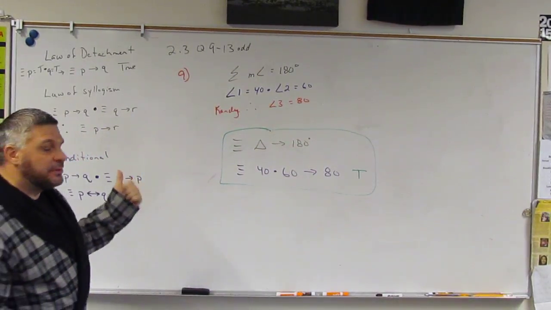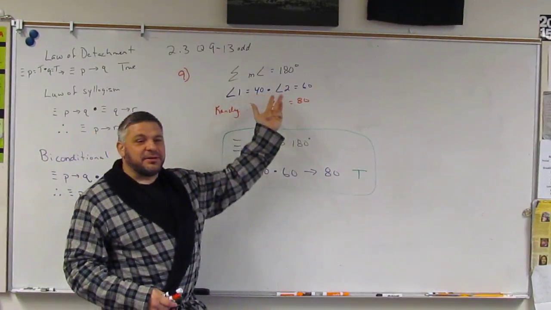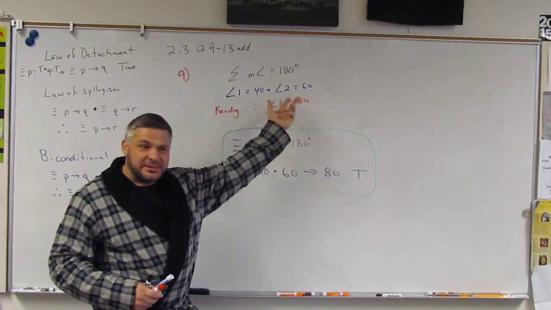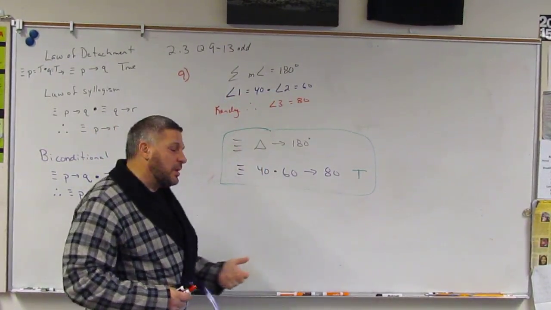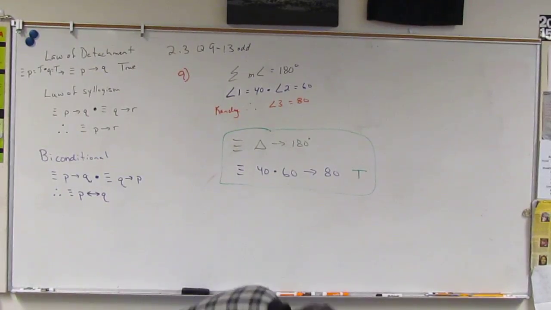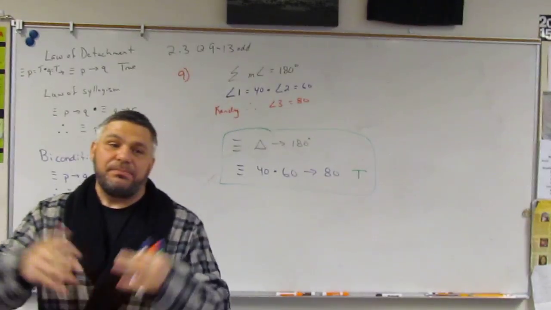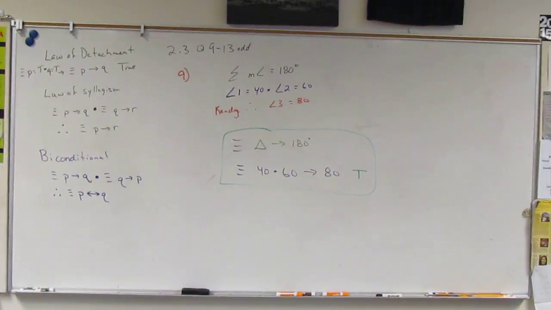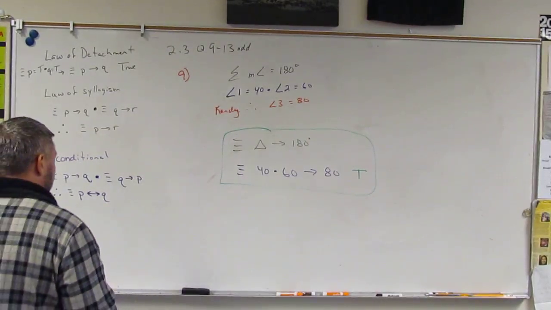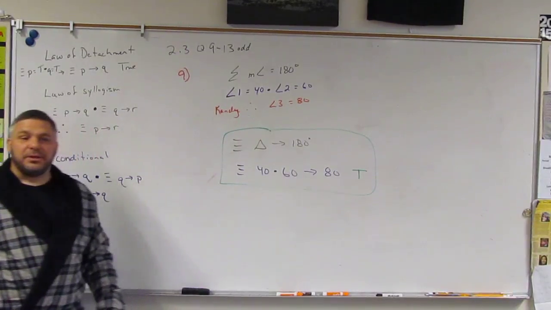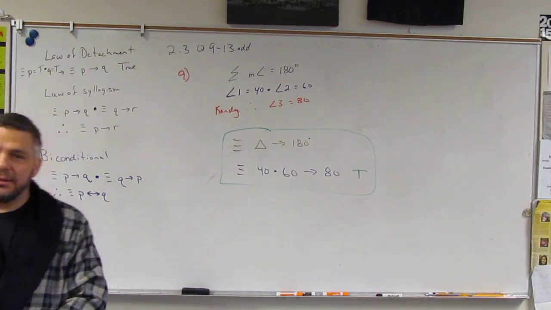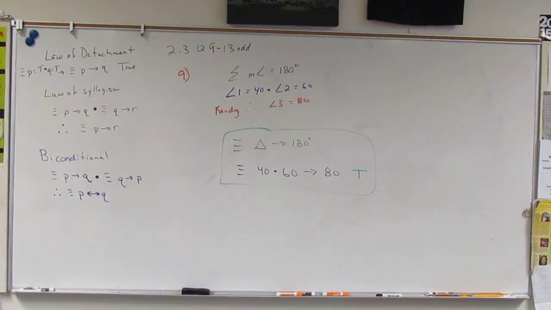Yes, right? And obviously we have to take their word for it that the angles are 60 and 40, right? And if the angles were 60 and 40, then the other angle would have to be 80 to make it 180, right? So then that makes it all true. And that's what we're doing. Okay? So let's move on to number 11.